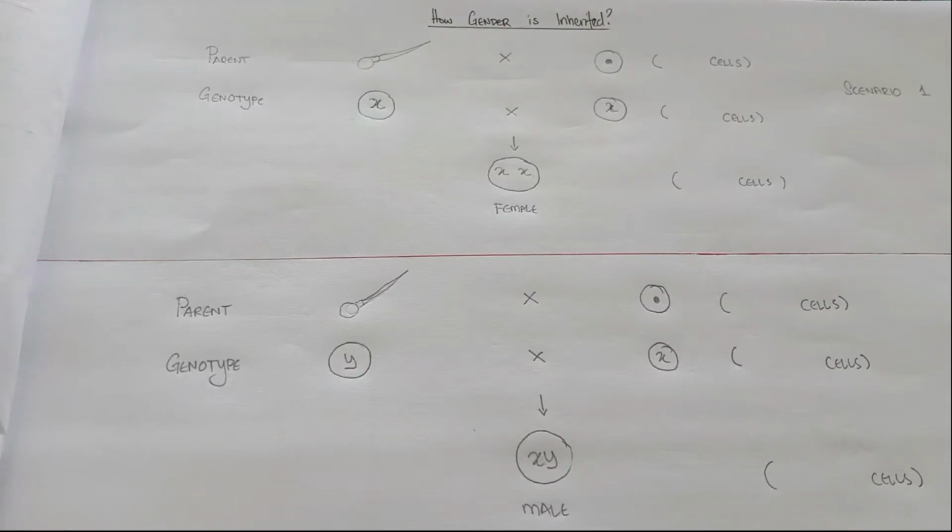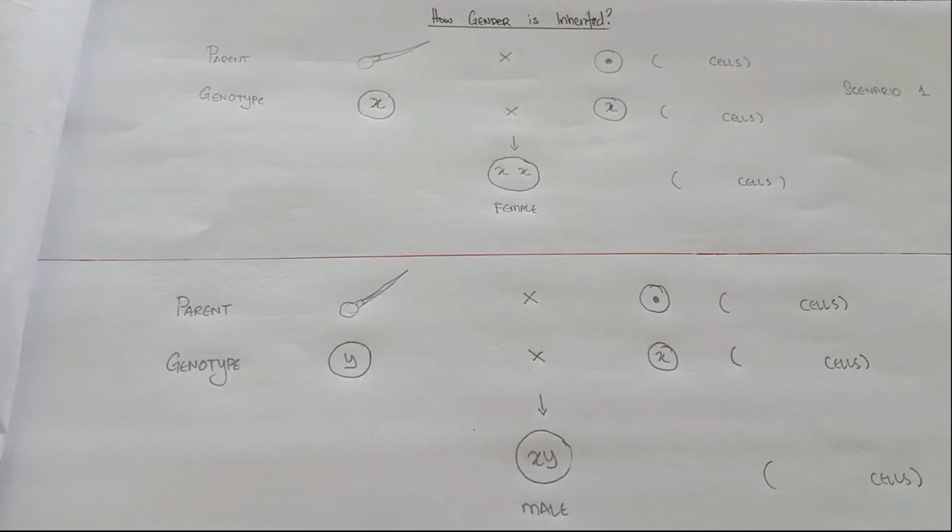How is gender inherited? Like I mentioned just now, the sperm will carry either X chromosome or Y chromosome. So the sperm will be the deciding factor of gender. In the first scenario and the second scenario, the ovum will contain X chromosome. Only the sperm will change.